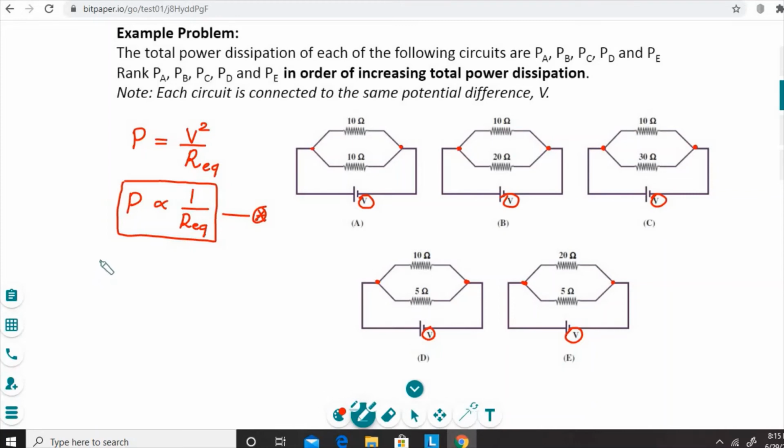So that's the next important one. R equivalent is less than the smallest resistance in the parallel circuit.